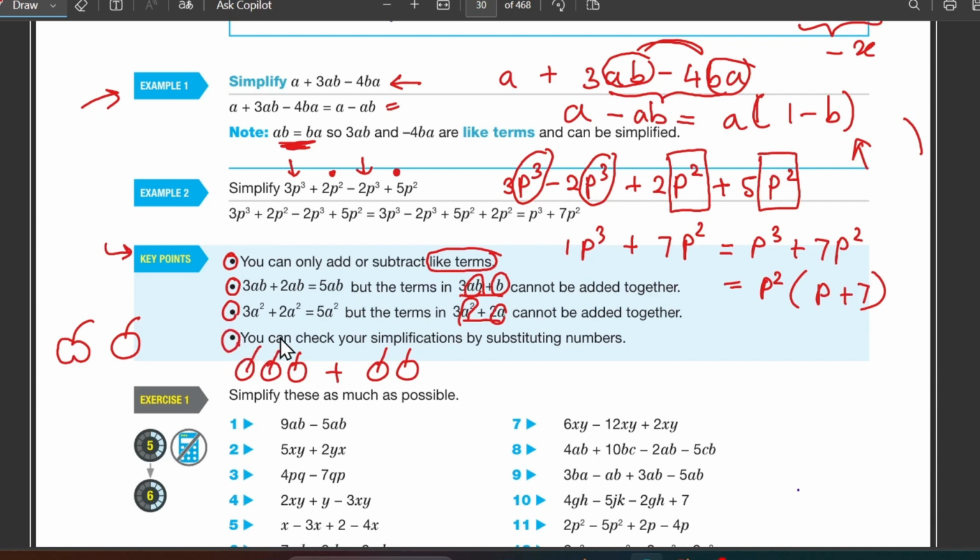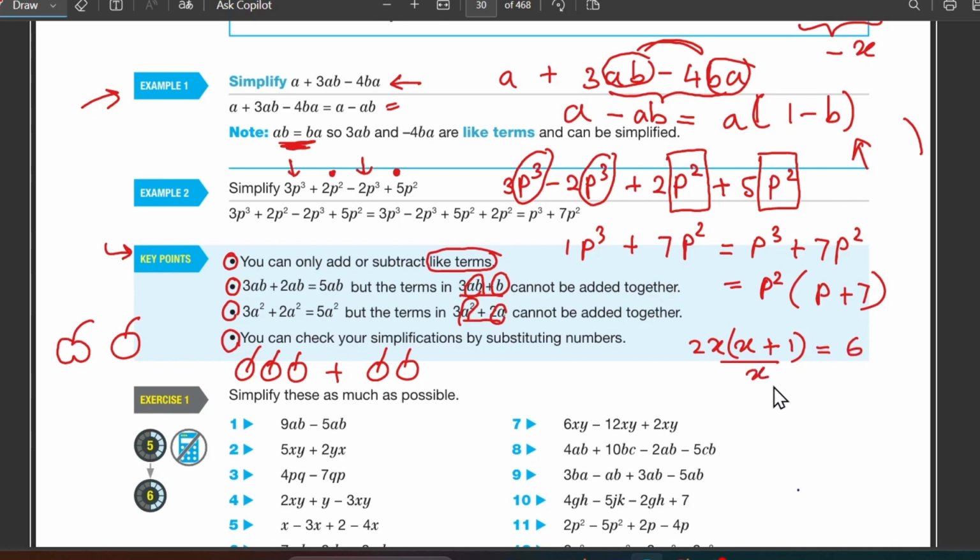And also you can check your simplifications by substituting numbers here. That's also true. If we are given an equation, let's say something like this.